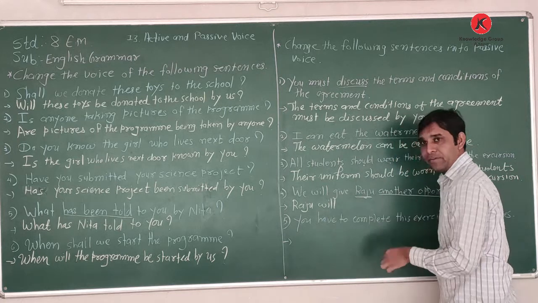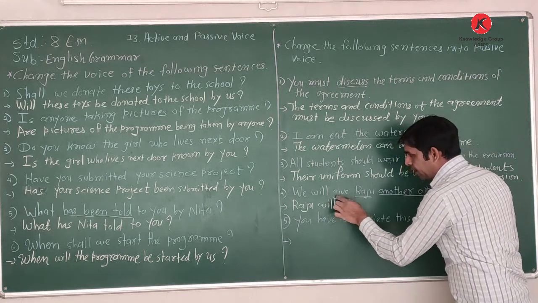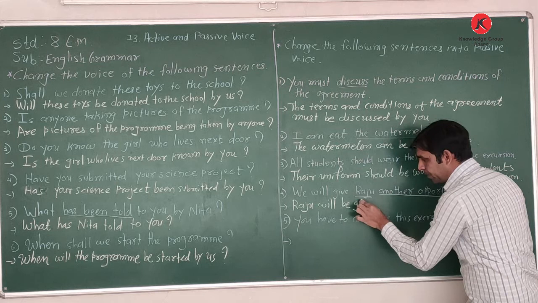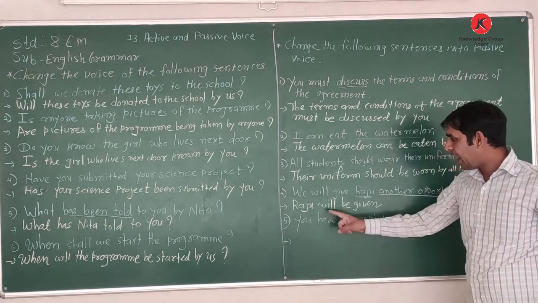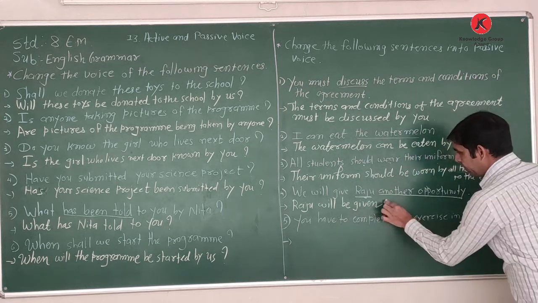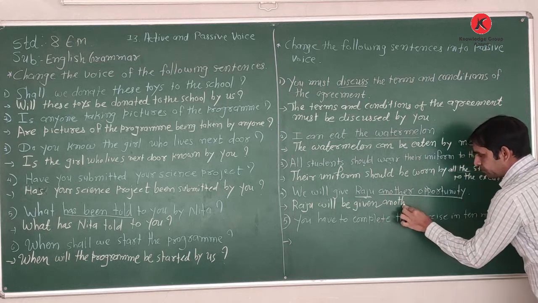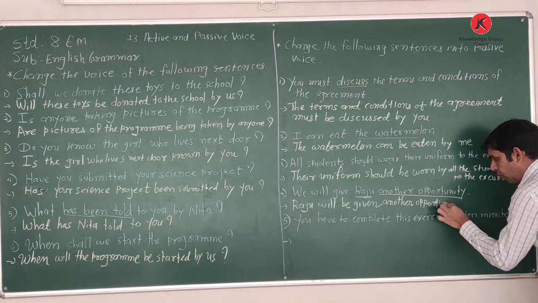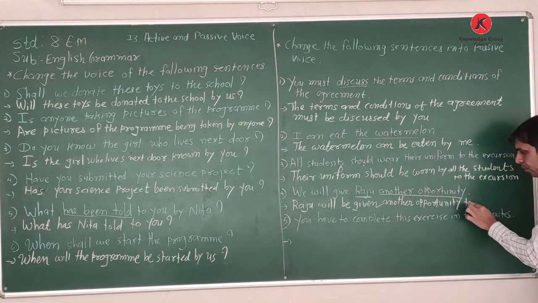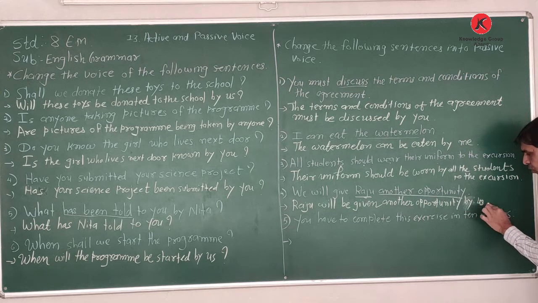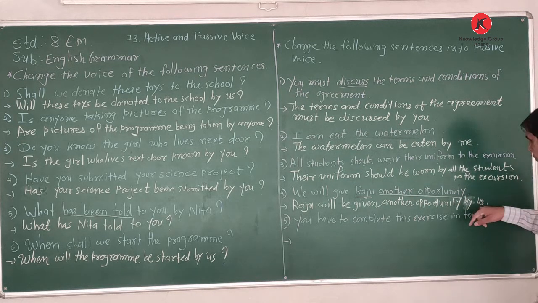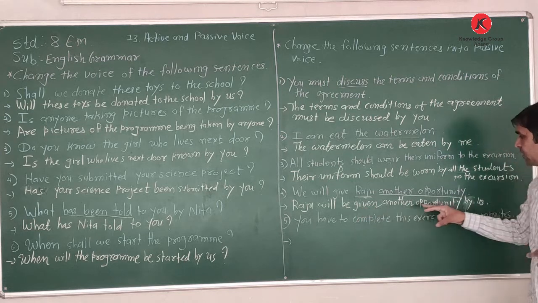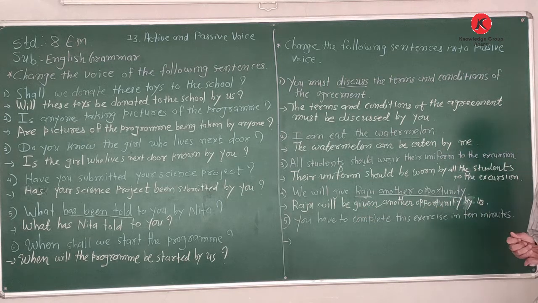Modal. Then we write be. Then the past participle. Raju will be given another opportunity. By whom? By we, changing to us. Raju will be given another opportunity by us.